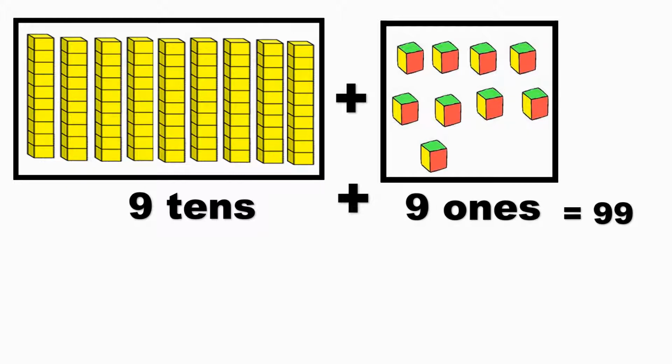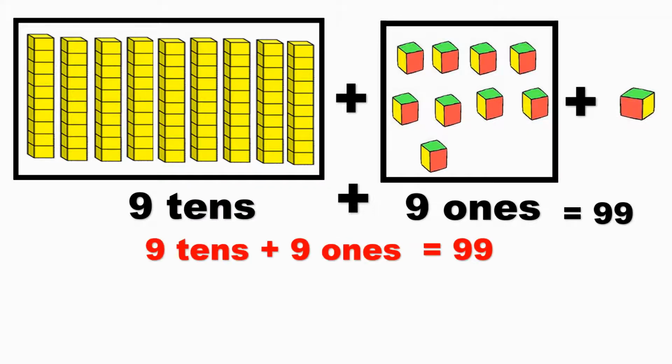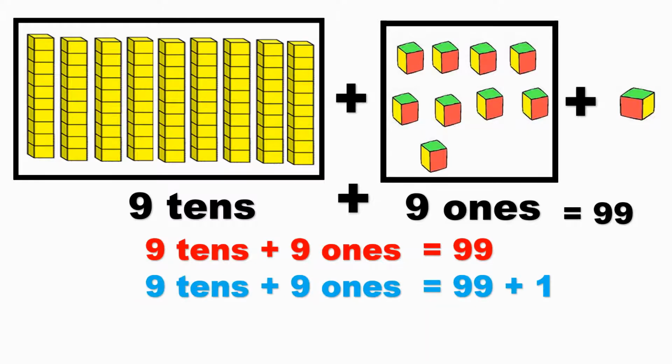So, 9 tens plus 9 ones is equal to 99. If we add one more block, we get 99 plus 1 is equal to 100.